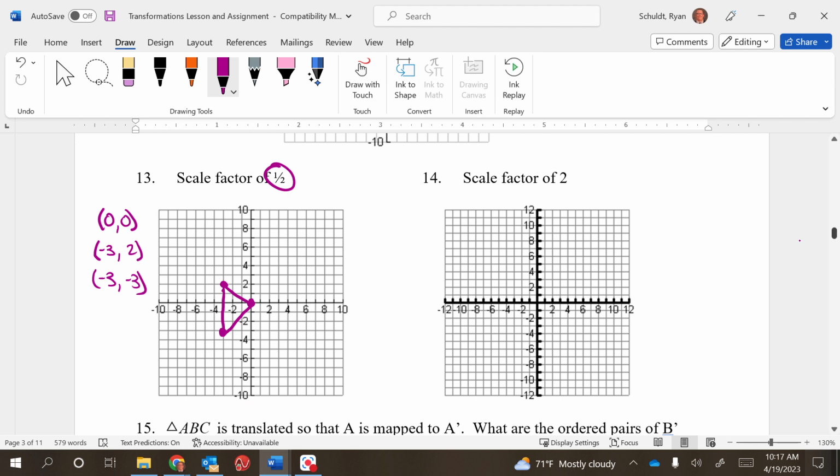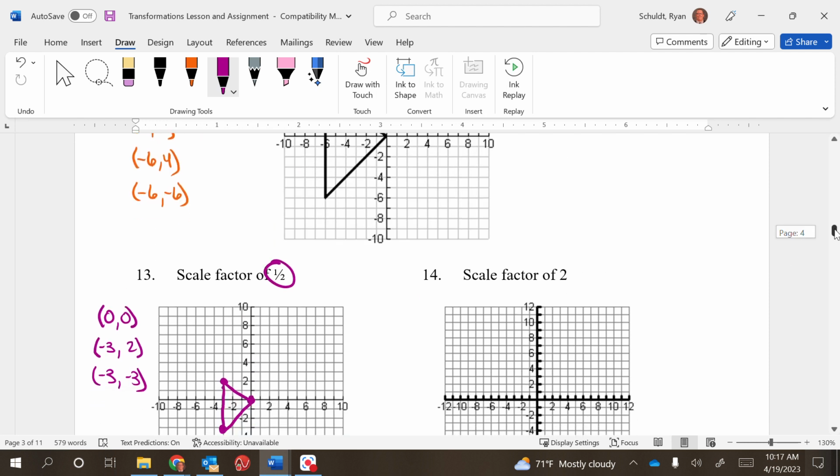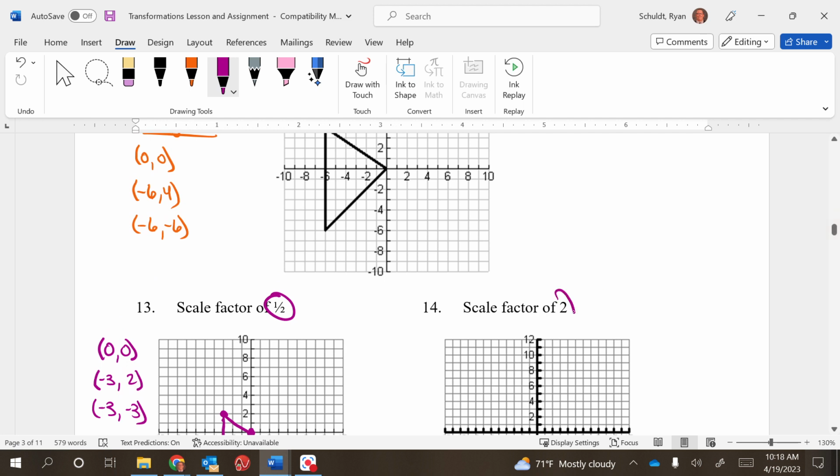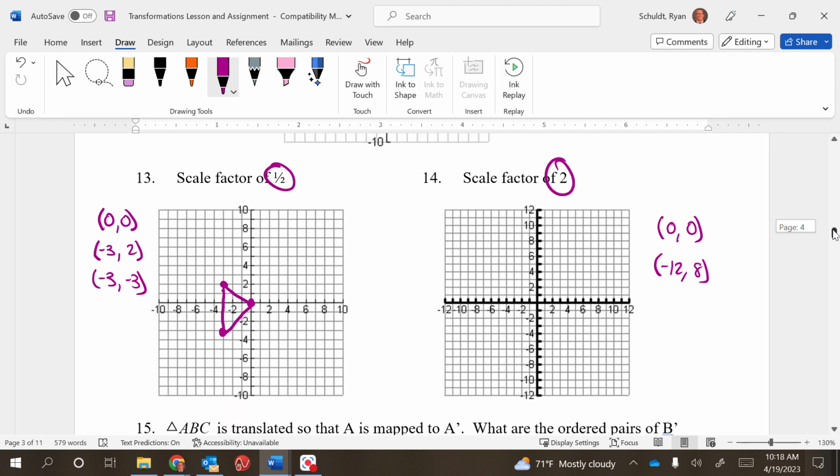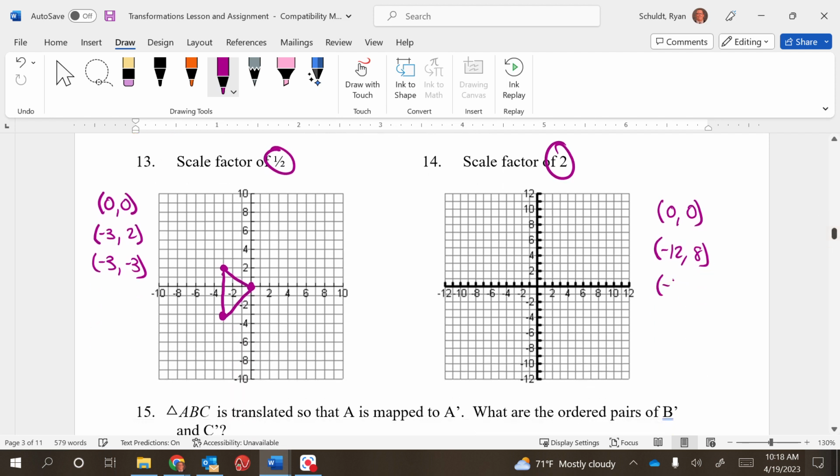Okay. Scale factor of 2. Well, what do we have to do? 0, 0 stays 0, 0. Negative 6 becomes negative 12. 4 becomes 8. Then we have negative 12, negative 12. So 0, 0, yes.